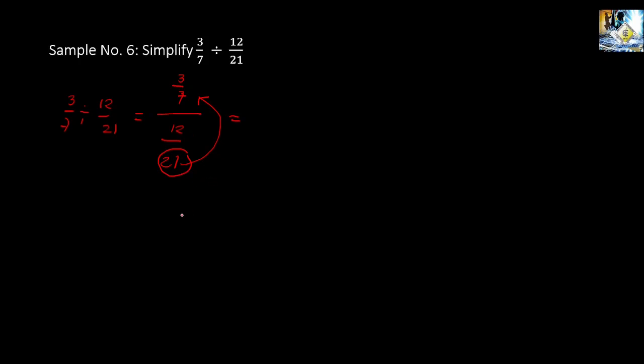But the method is we need to multiply both numerator and denominator by the reciprocal of the denominator. So we have 3 over 7 times the reciprocal of your denominator, that is 21 over 12. Then at your denominator, that is 12 over 21 times the reciprocal of this fraction, that is 21 over 12.